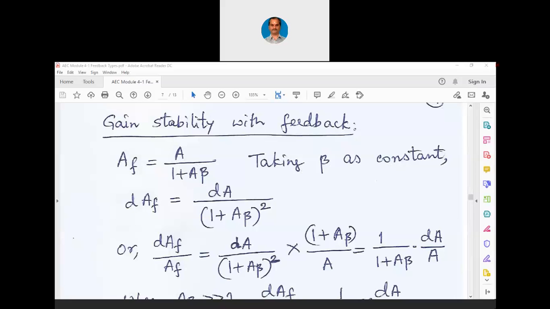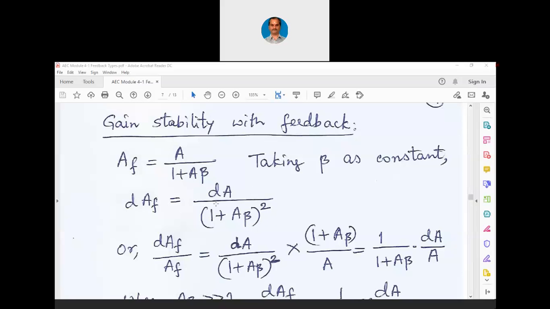So taking beta as constant and by differentiating this particular equation, we will get differential of AF equals differential of A divided by 1 plus A beta whole squared, because you already know differential of 1 over x is 1 over x squared.